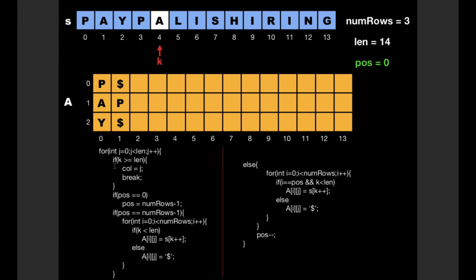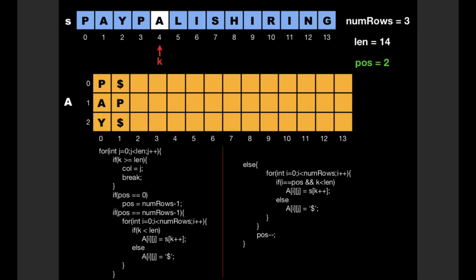So we start a new iteration where we check whether k exceeds length. Since it does not, we compare the value of position. Now the value of position is equal to 0. Therefore, we update the value of position to number of rows minus 1. So the new value of position is 2. Then we proceed further and check whether the value of position equals number of rows minus 1.